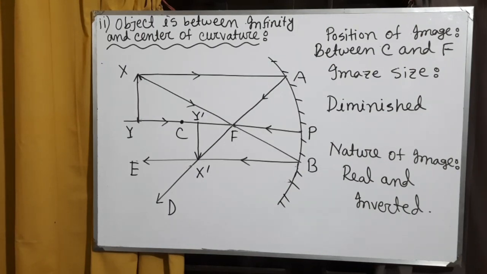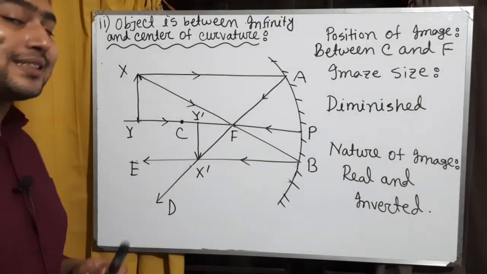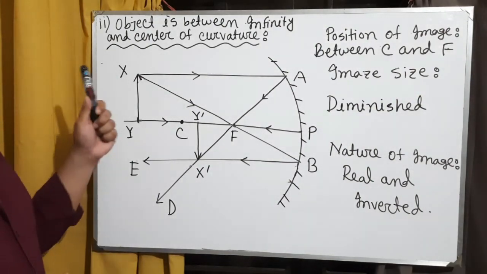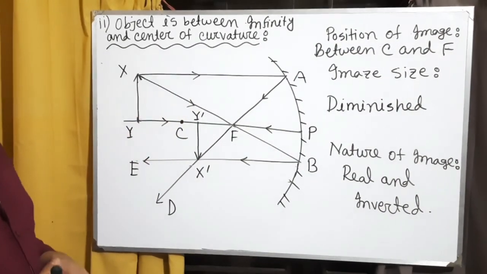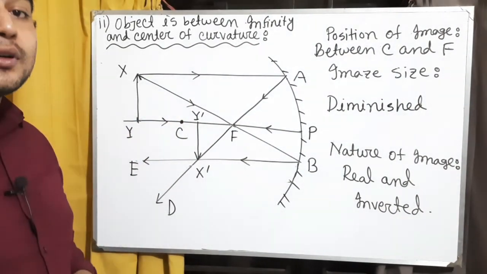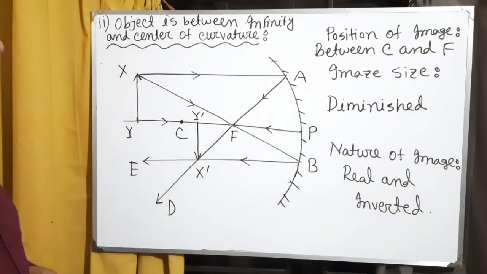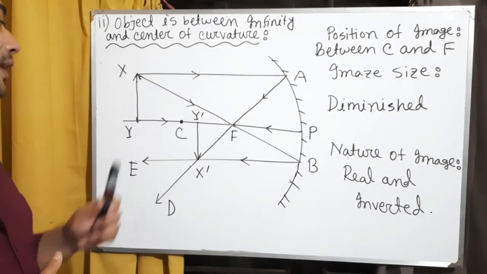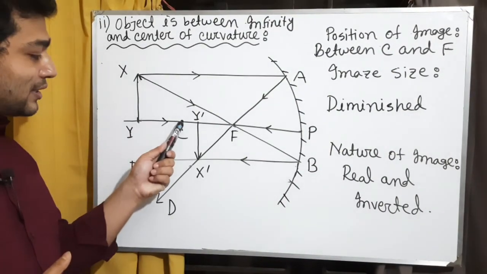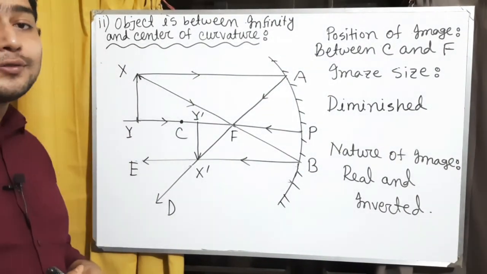Now our second topic is when the object is between infinity and center of curvature. Sometimes we say that for this position it is outside of the center of curvature.